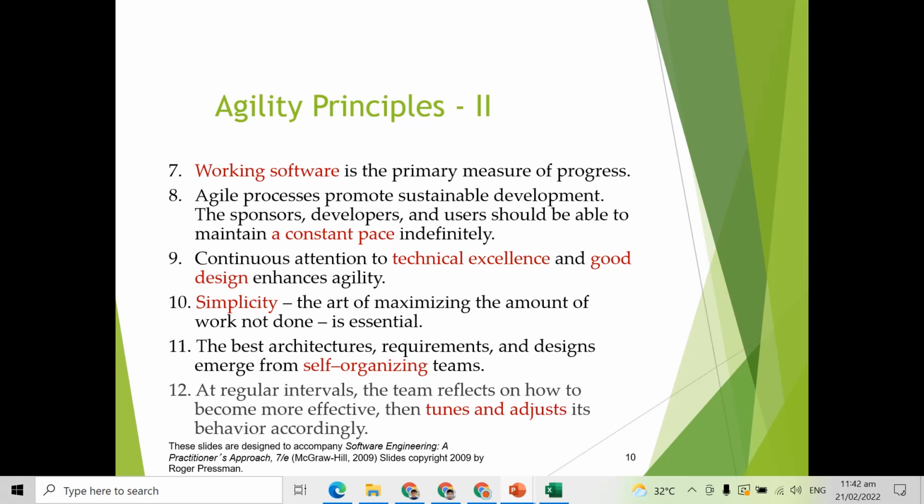Simplicity, the art of maximizing the amount of work not done, is essential. The best architectures, requirements, and designs emerge from self-organizing teams. At regular intervals, the team reflects on how to become more effective, then tunes and adjusts its behavior accordingly.